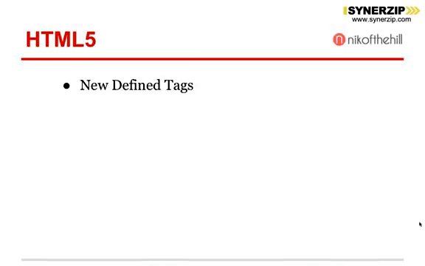HTML5 gives you that structure for a page that in the previous versions of HTML, we had to create our own structure, and we had to name our own structure. HTML5 took that vagueness out of coding.